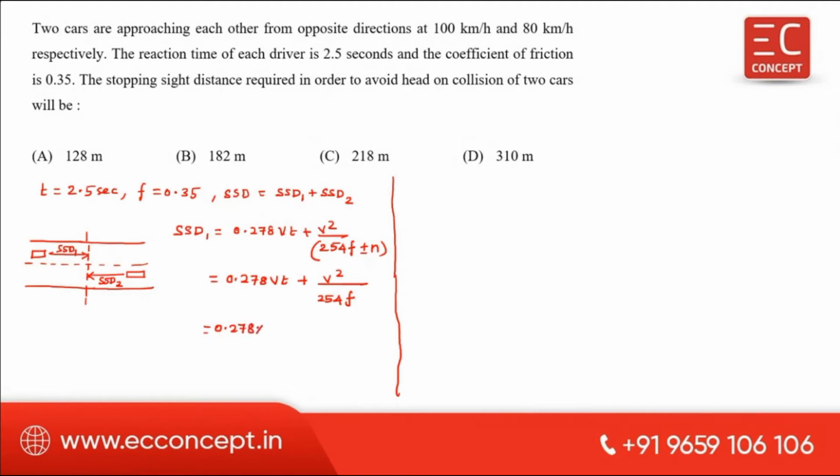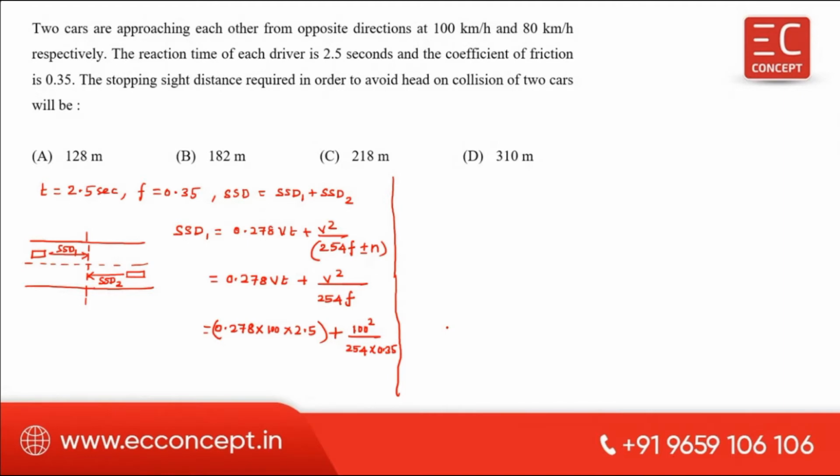You have to substitute everything. For the first vehicle, 0.278 into the velocity 100 into 2.5, plus V square, 100 square, divided by 254 into F, 0.35.